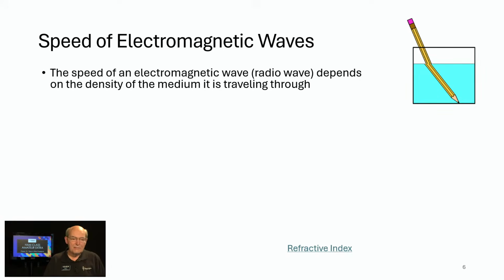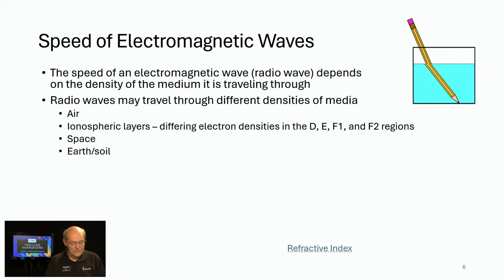And there are different media that are involved with radio signals. Air, first of all. Then we've got the ionospheric layers, different electron densities in the different regions or layers in the ionosphere. Radio waves travel through space, and they travel through earth and soil.